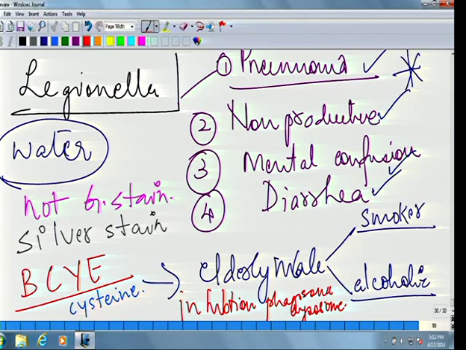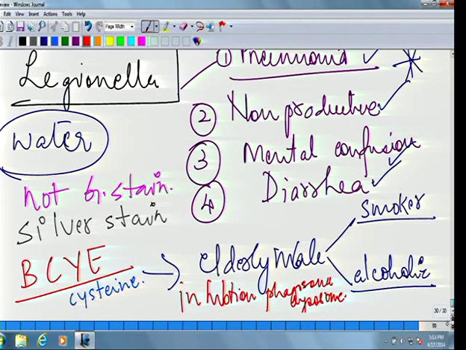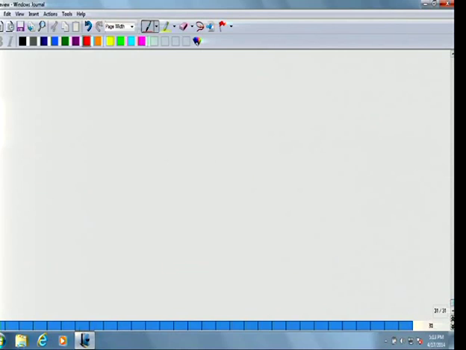Phagosome and lysosome have to fuse, and the virulence factor is a protein which inhibits phagosome-lysosomal fusion, just like Mycobacterium. So that is Legionella. In that category of Bordetella, Haemophilus, Legionella, we are done.